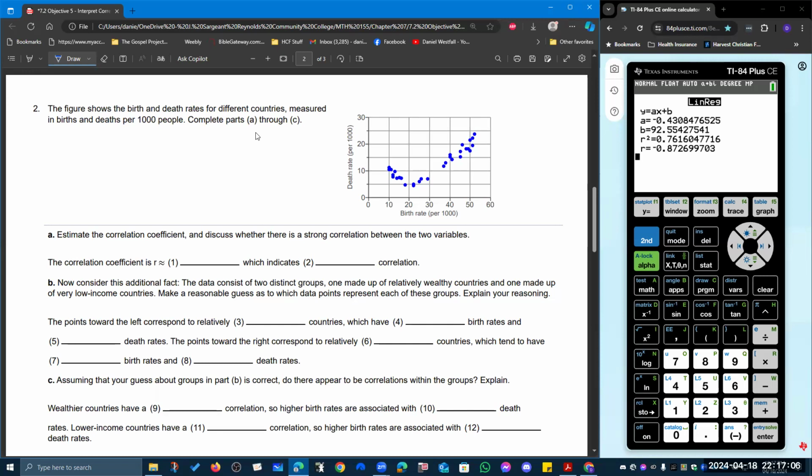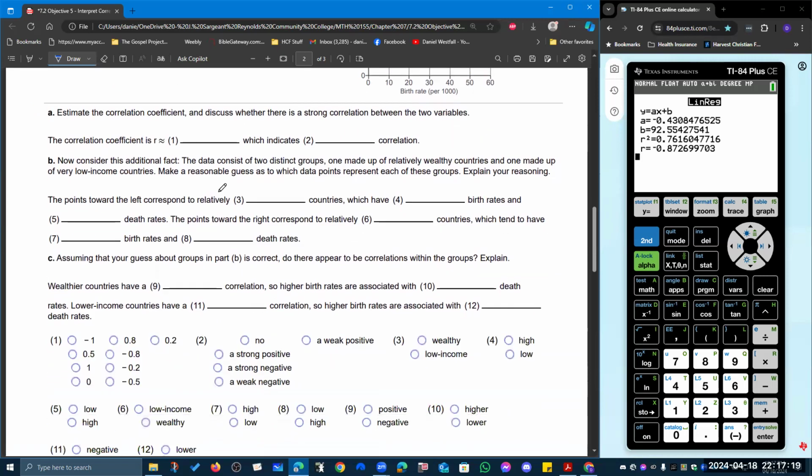So I'm just going to roughly estimate this and say that it's a strong positive correlation, but it's not perfect. I'm going to say that it's probably this option of 0.8. It's a strong positive correlation.